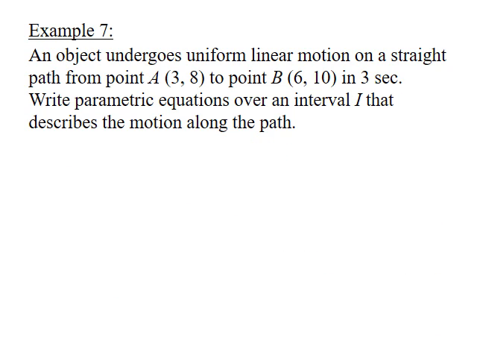So here is our first example. Go ahead and pause the video and read through this so you understand what's going on. But what I want to do is write some parametric equations that represent this motion for some object going from point A, so this is the initial, to point B, and that takes place over 3 seconds.